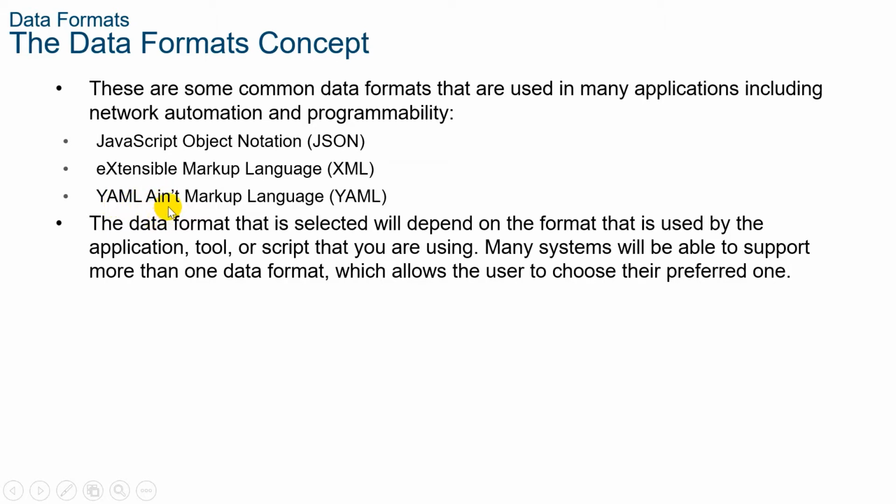YAML ain't markup language. The data format that is selected will depend on the format that is used by the application, tool, or script that you are using. Many systems will be able to support more than one data format, which allows the user to choose their preferred one.